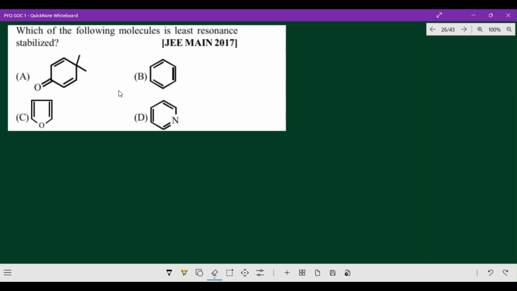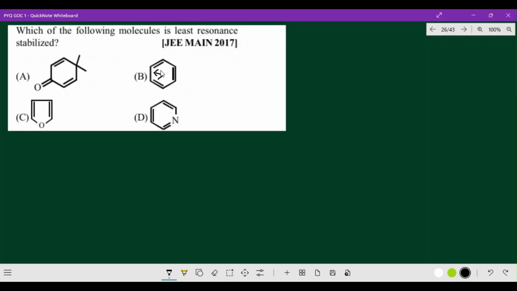The next question is very simple. Which of the following molecules is least resonance stabilized? As we see, resonance tells us about delocalization of electrons. As we see the options, it is very clearly mentioned: aromatic ring, resonance stabilized. It follows Huckel's rule. Yes, of course, the benzene ring. It is mandatory that it comes under resonance stabilized, it follows Huckel's rule, and of course it is an aromatic ring.